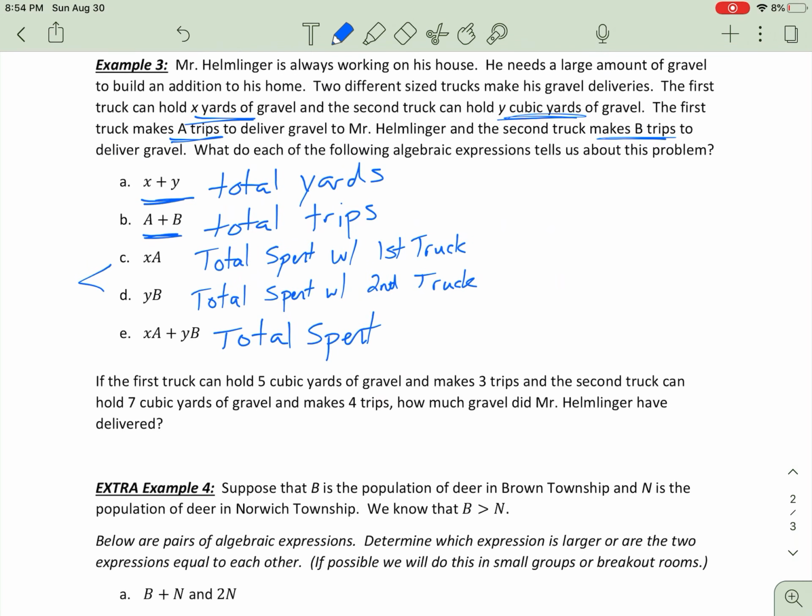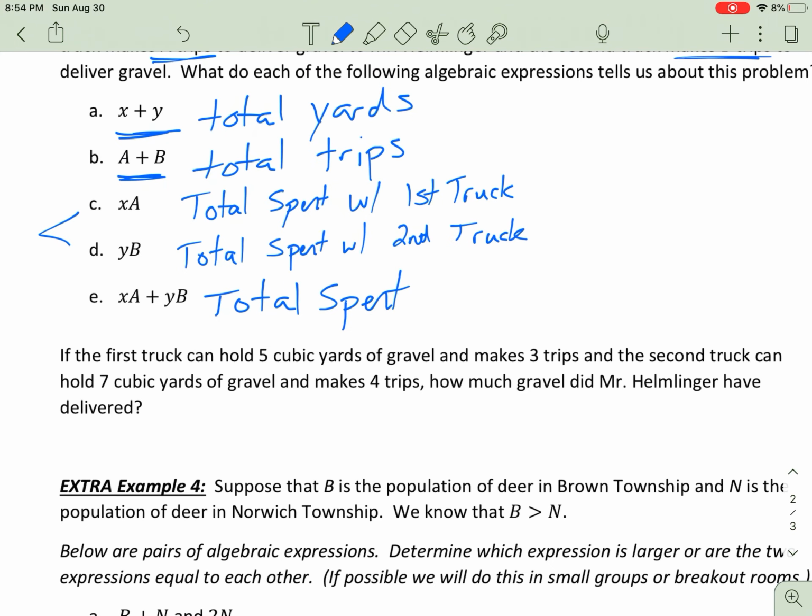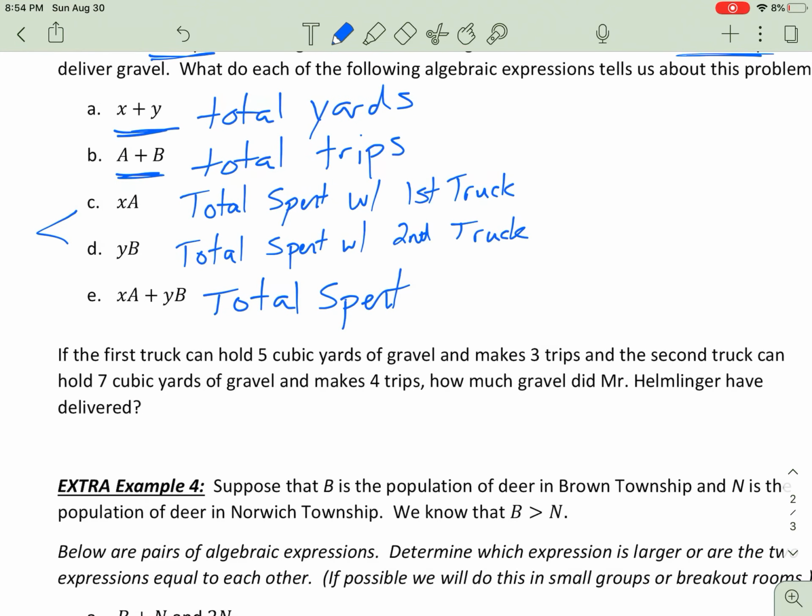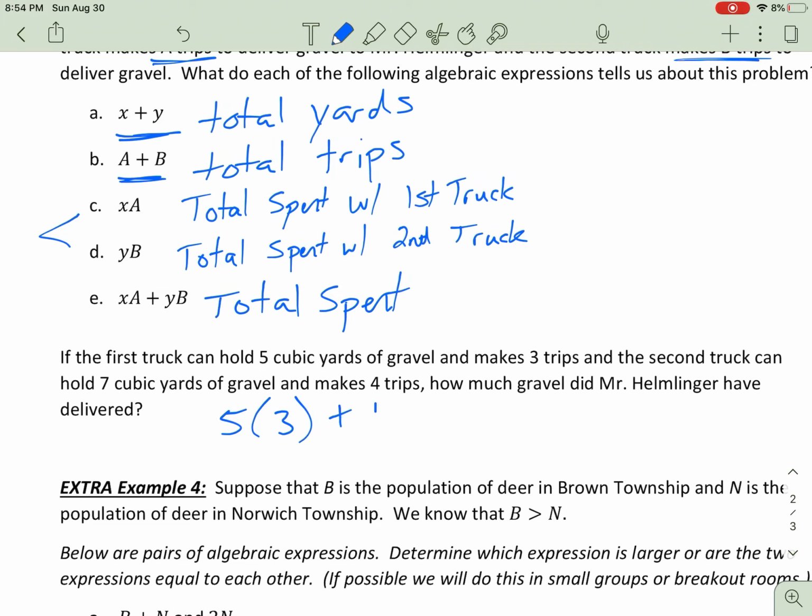Okay, so then the question asks, if the first truck can hold 5 cubic yards of gravel and makes 3 trips. Okay, so first truck, XA, so 5 and 3. And the second truck can hold 7 cubic yards. It makes 4 trips.